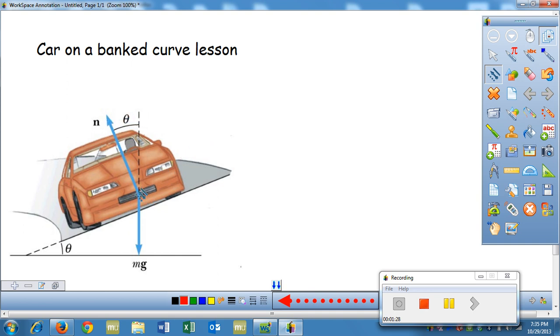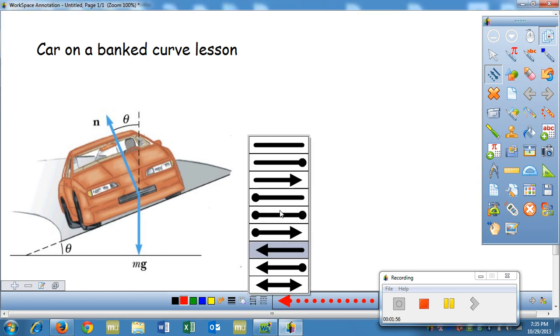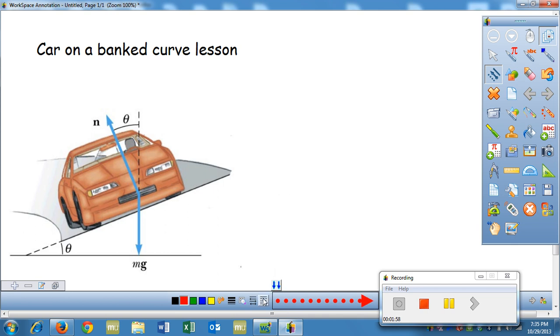Okay, so we have basically a vertical component and a horizontal component.